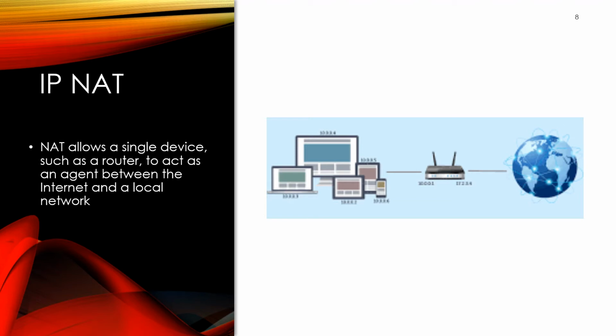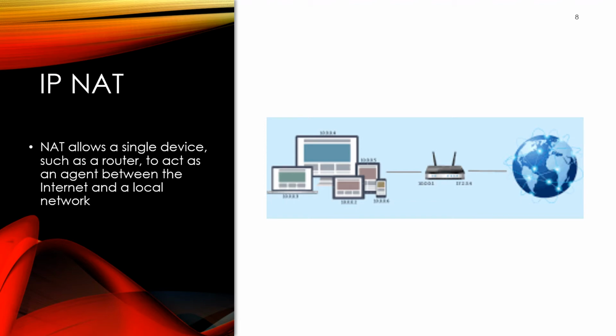NAT operates on a router, usually connecting two networks together, and it translates private addresses in the internal network into legal addresses before packets are forwarded to another network. As a part of this capability, NAT can be configured to advertise only one address for the entire network to the outside world.